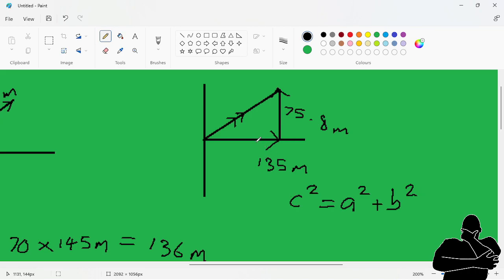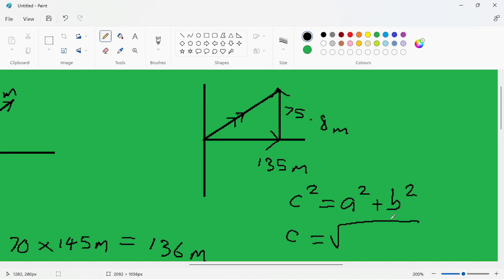C in this scenario is the hypotenuse here. A can be this side and B can be that side. So c squared, or C, would basically be the square root of a squared plus b squared.